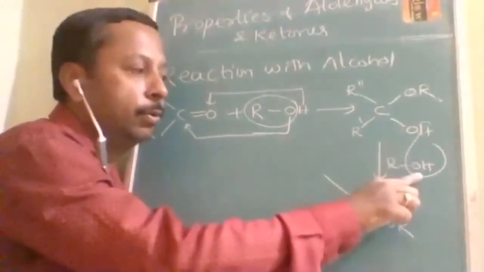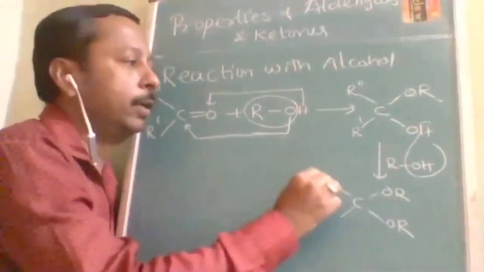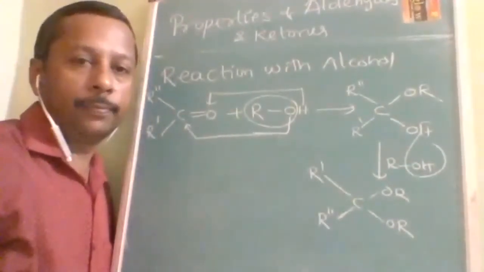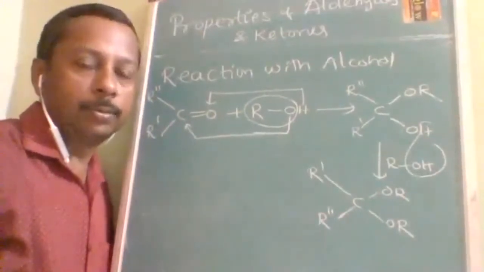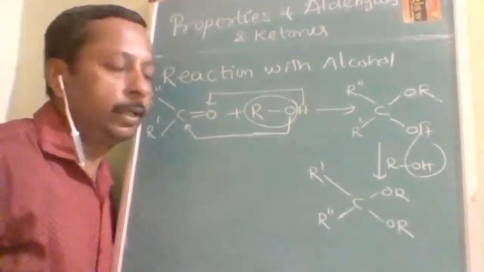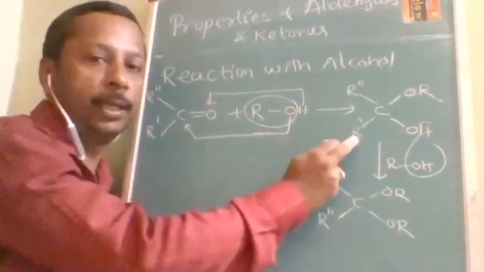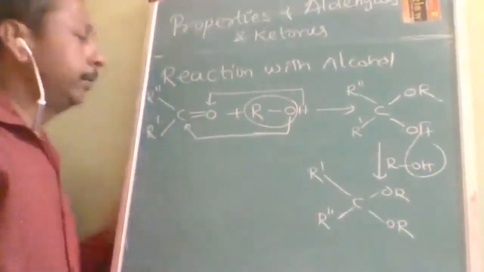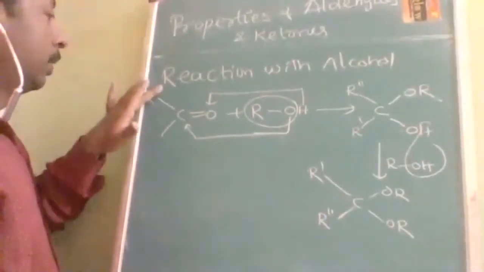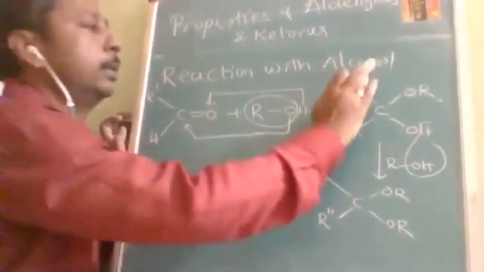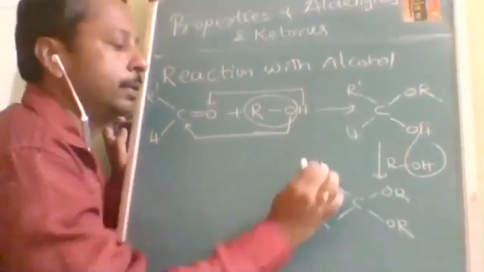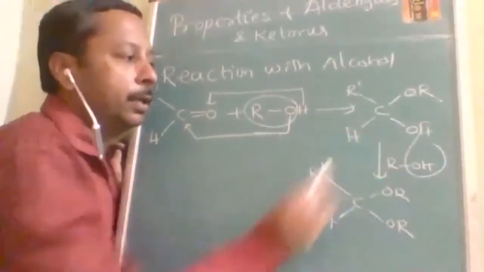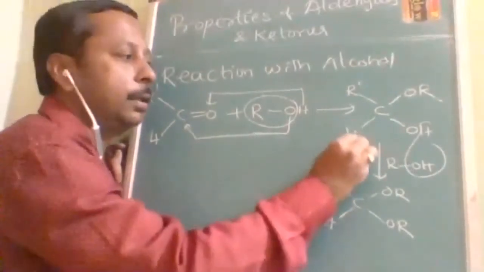If one more mole of alcohol is used, then it is called a ketal. So if alkyl groups are on both sides, it is a hemiketal and then a ketal; hemi means half, so hemiketal, and the complete one is ketal. If one is hydrogen and the other is R', this product is called a hemiacetal, or semiacetal.